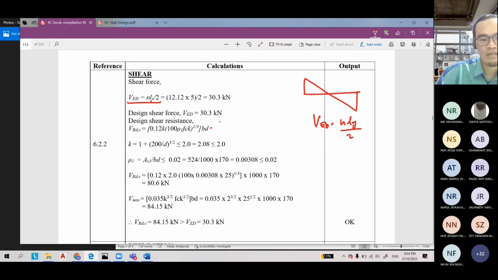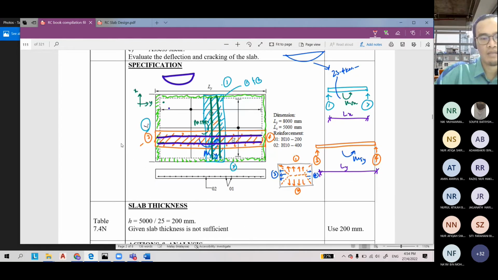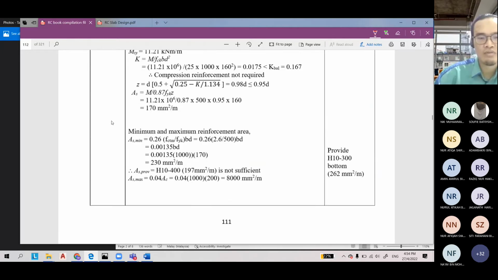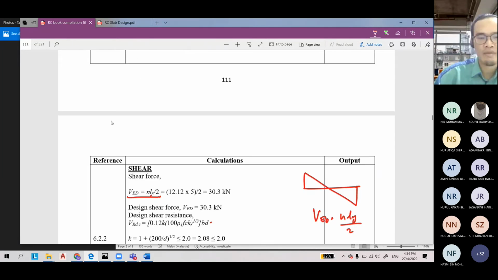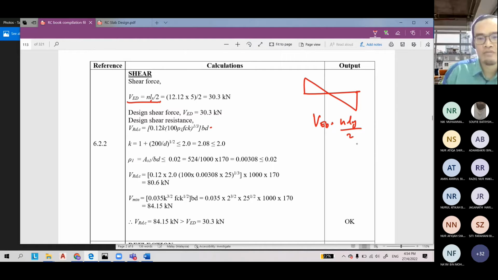For direction number 2, the orange one, this one will produce the largest shear force because the Ly is greater. So this one I want you to try on your own. You use the Ly, and then what is the value here?